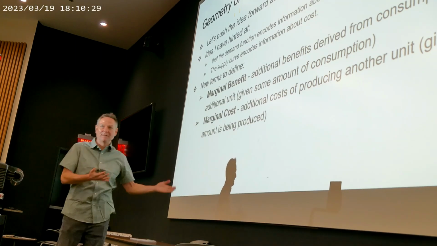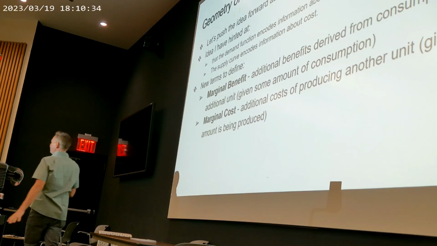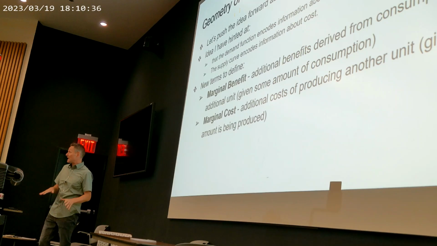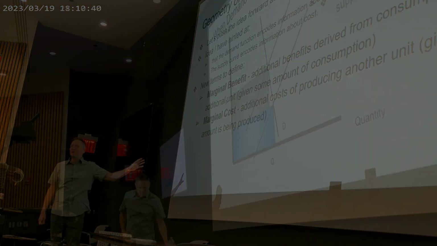We try to separate them and treat them differently. So, quick review of last time, but really what I'm trying to do is highlight how we leveraged the geometry of our supply and demand graph there, right?